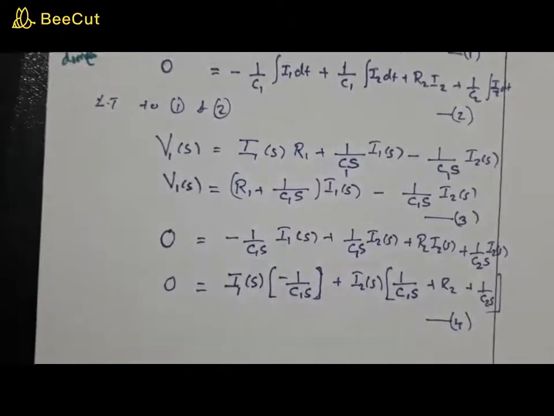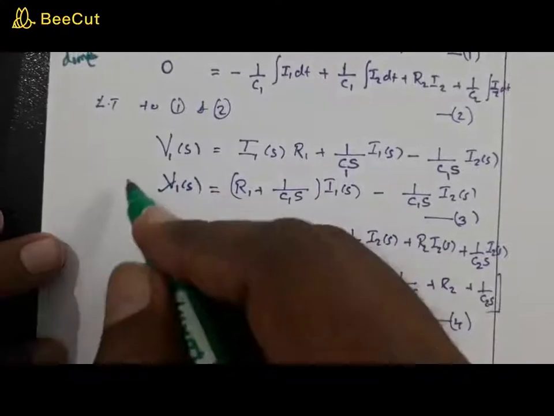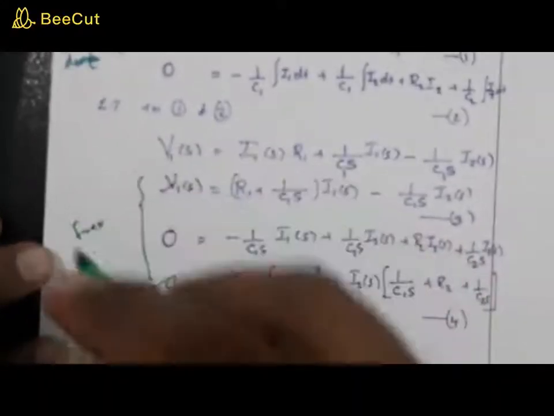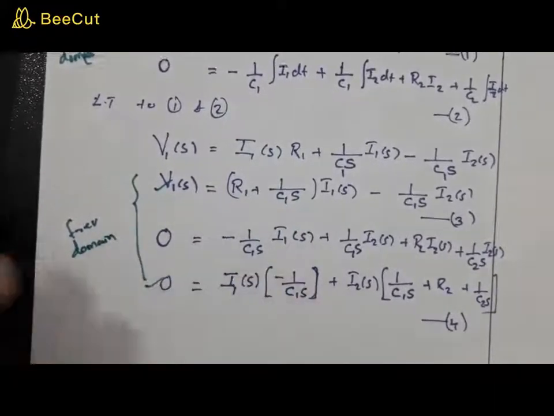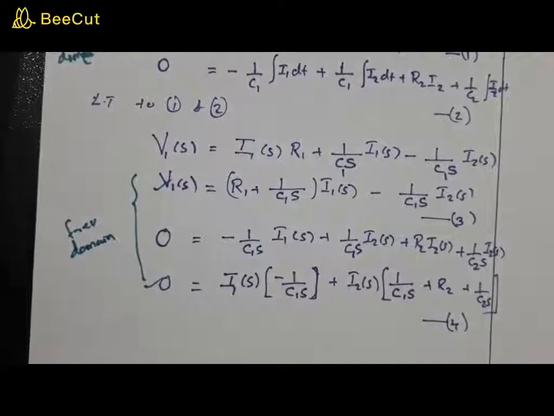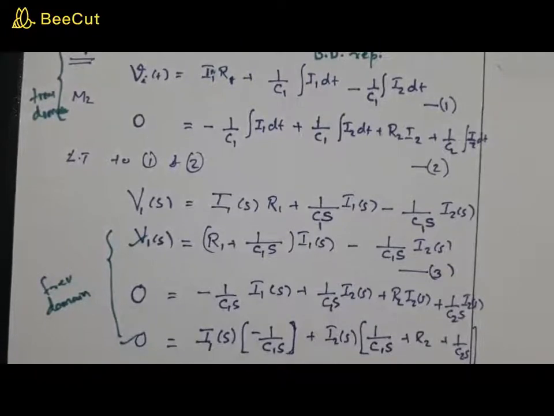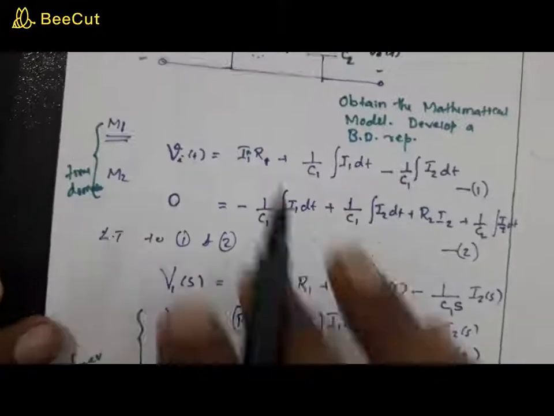Now look at this third and fourth equation. These are called the frequency domain equations. Now using these equations, you can develop a transformed circuit, the circuit in the S domain.